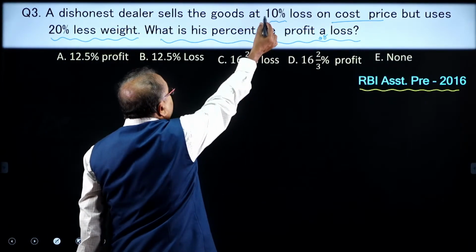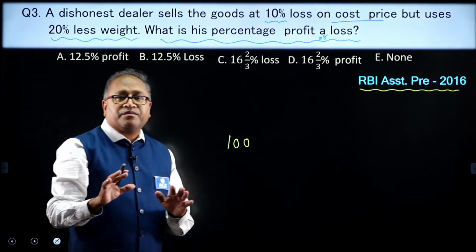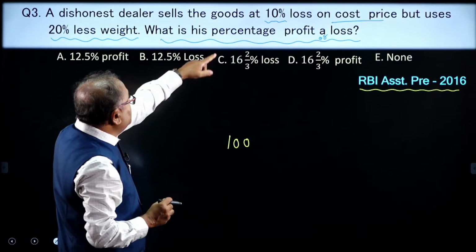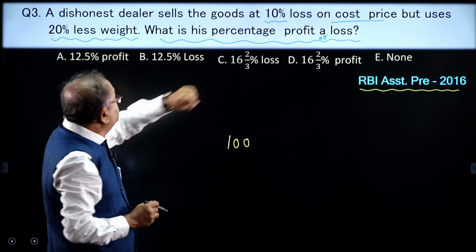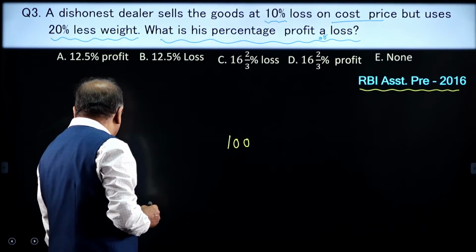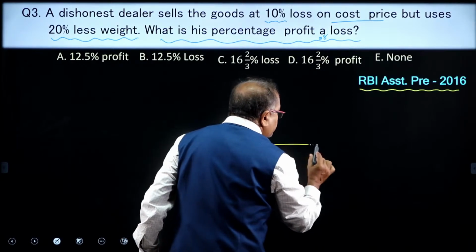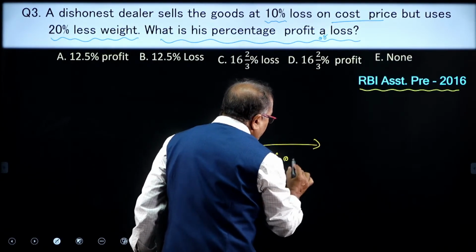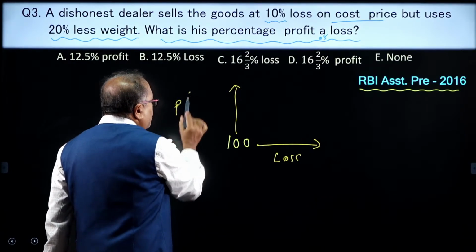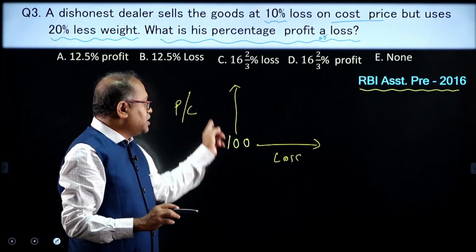As we are dealing with the percentage, I will take initially the value 100, and he is selling at 10% loss and also giving 20% less. Here the word less, and here the word profit or loss, just write down in this triangular way.